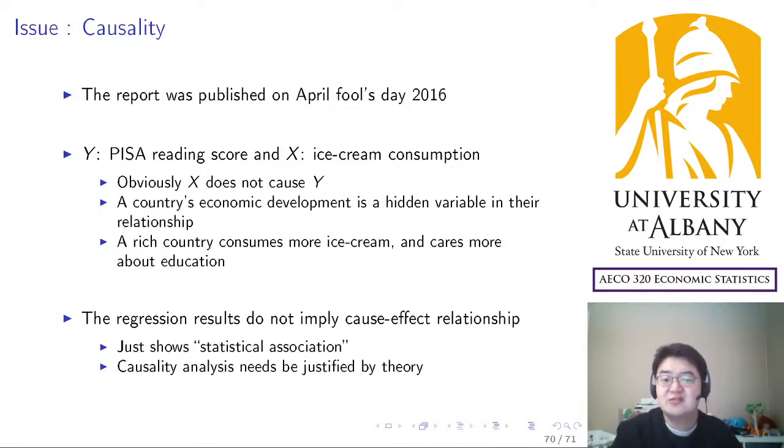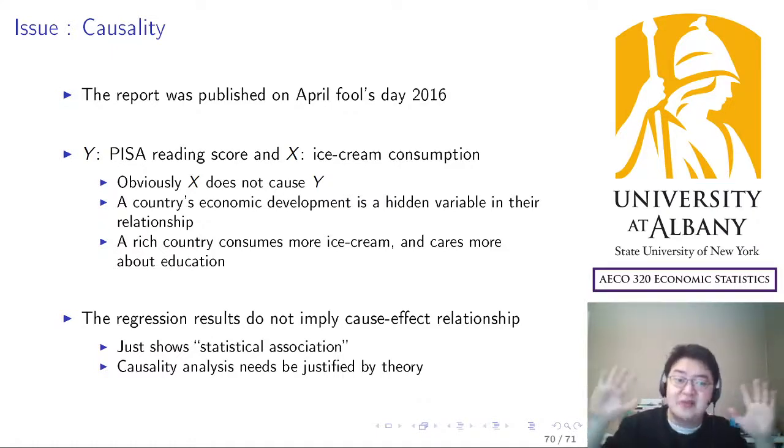Another famous example of this is pirates in the Caribbean. Did you know that the number of pirates in the Caribbean is correlated with global warming? As the number of pirates in the Caribbean decreases, the global temperature increased, a nearly perfect negative correlation.